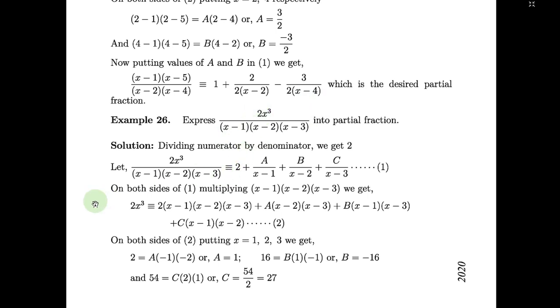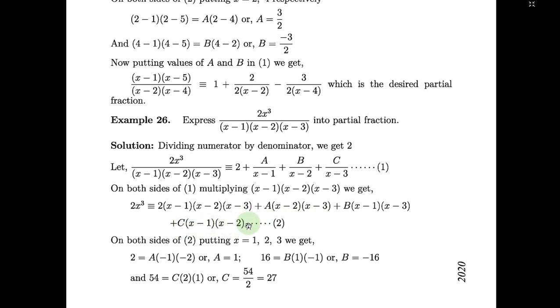Now on both sides of this equation, multiply by the LCM of the fractions. The equation will not be a fraction anymore. So you will get this equation, and now you need to find the values of a, b and c.